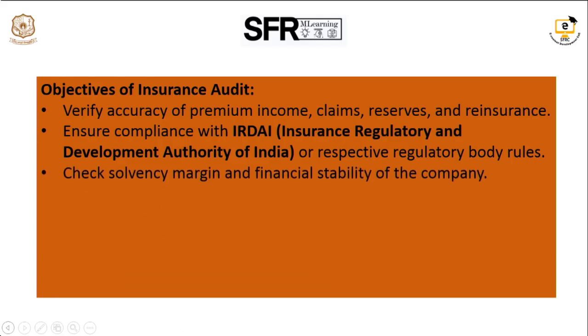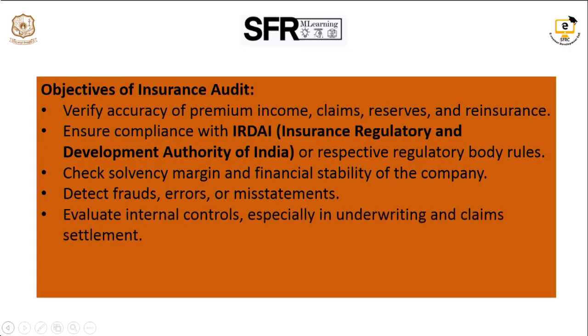Next, check the solvency margin and financial stability of the company. The next one is to detect frauds, errors or misstatements. The next one is to evaluate internal controls, especially in underwriting and claims settlement. Next is to ensure fair presentation of financial statements.